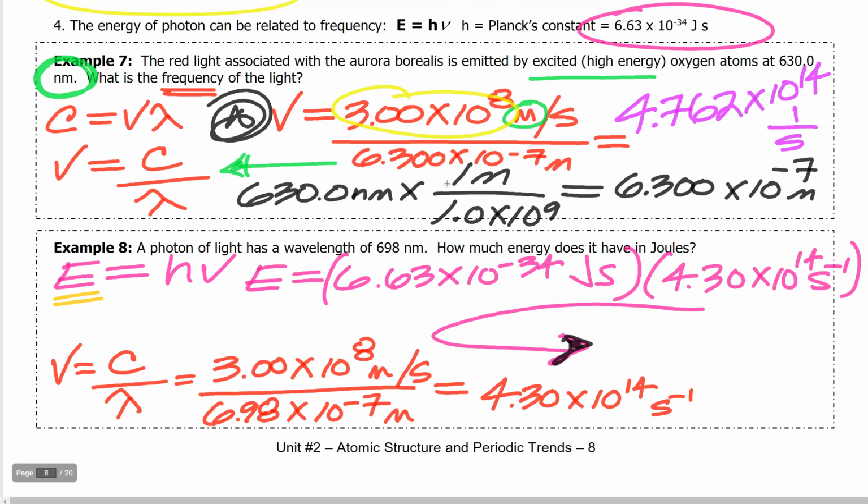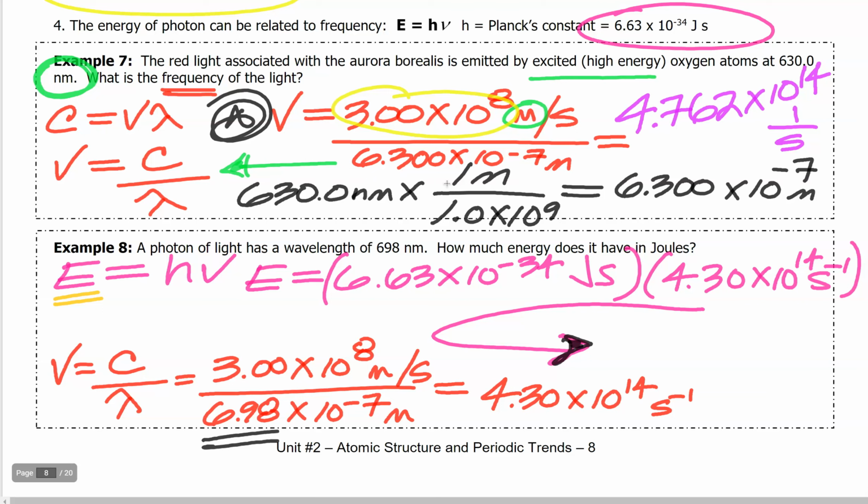So let's go ahead and plug it in, and it looks like it should be 3 sig figs again. So I'm going to plug it in, 6.63. And you guys should have a calculator while you're doing this. Don't just rely on what I'm doing. And we're going to multiply that by 4.3 to the 14th.